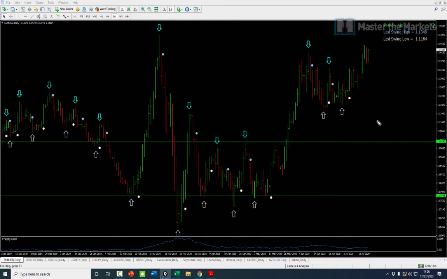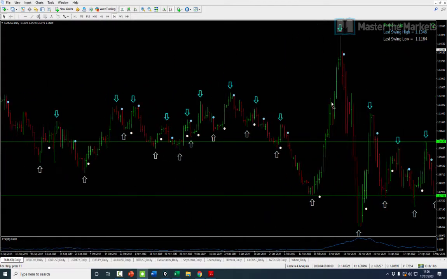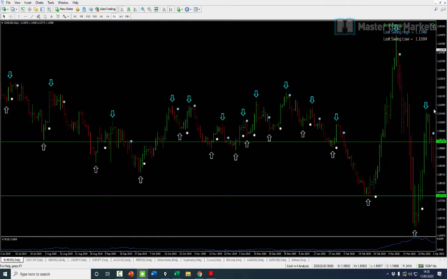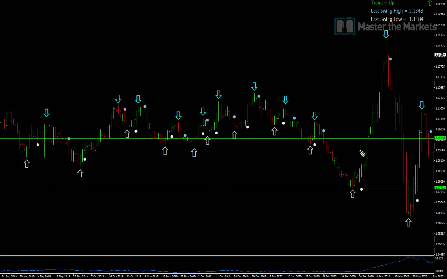The way the smart money indicator was built, and the way we identify trend at Master of the Markets, is to look for the last confirmed high to be broken. Let me explain that. Here in this trend, for example, let's start the analysis here. Let's say this is the only part of the chart that we have visible access to. If we're trading in real time and this is the bar we're looking at, then as of this point in time we would say that we're in a downward trend.